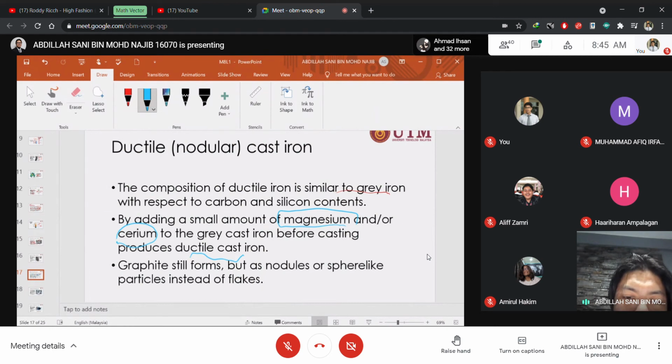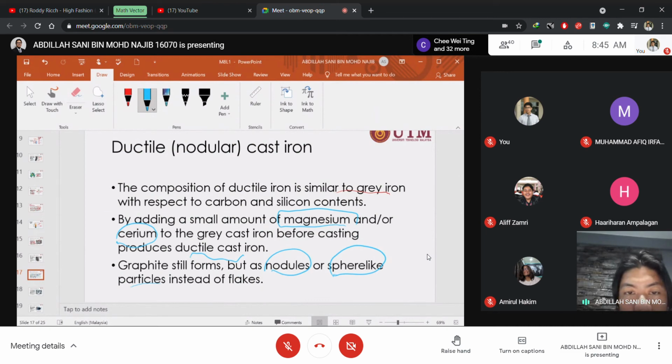Graphite is still formed, but as nodules or sphere-like particles instead of flakes. So in grey cast iron, the graphite is formed in the form of flakes, graphite flakes. But for ductile cast iron or nodular cast iron, it forms nodules or sphere-like.